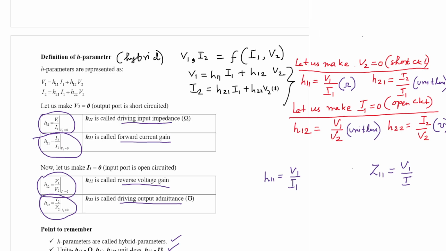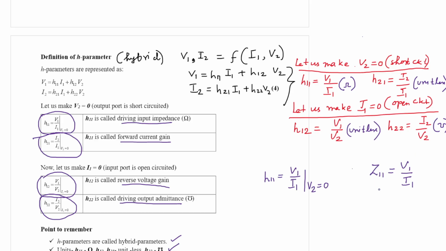The answer is they are totally different. Of course, there is a relation between them, but they are not the same. Why? Because H11 is equal to V1 by I1 only with V2 equal to 0.